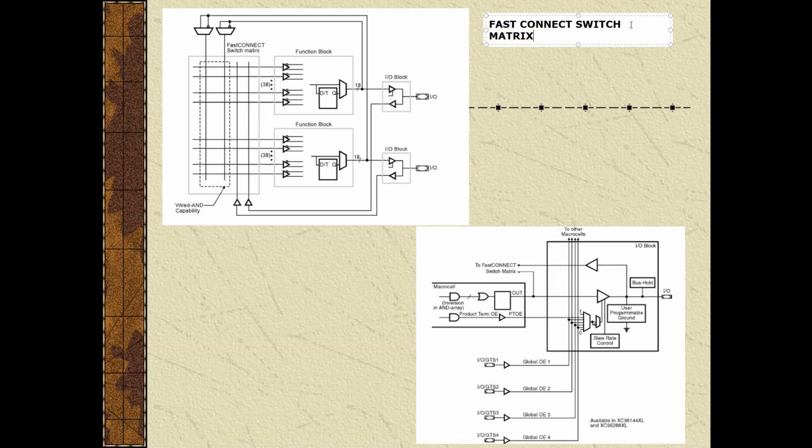The fast connect switch matrix connects the signals to the function block input and output block, and function block outputs drive the fast connect matrix. The second figure shows the fast connect switch matrix, and this figure is about the IO block and output enable capacity.